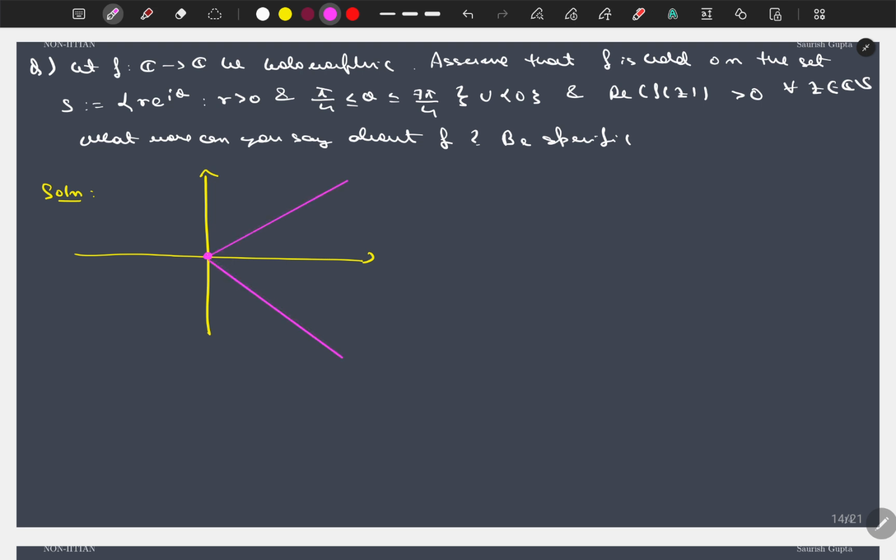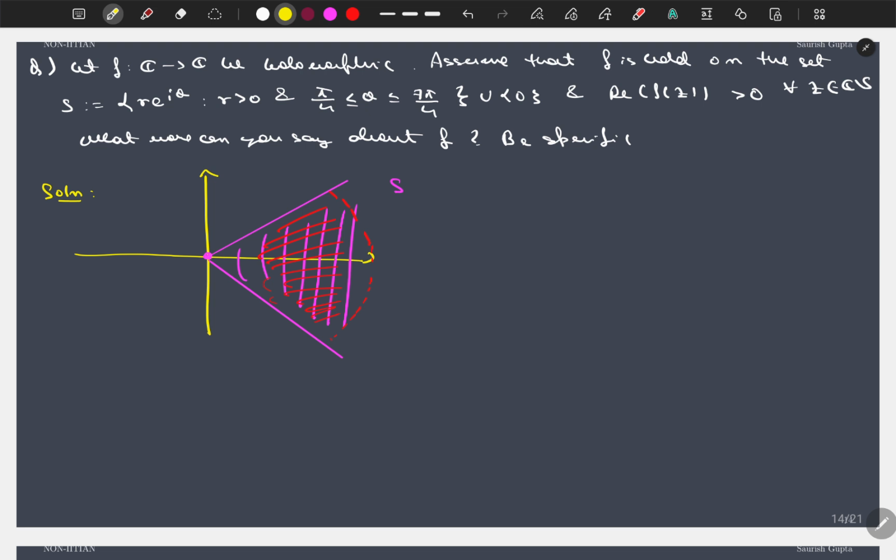So it's this particular sector. This is S, and f is said to be bounded here. So you can try and trace out a region like this, just to keep in mind that f is bounded, so it cannot go beyond here, so f automatically leaves uncountably many points here.